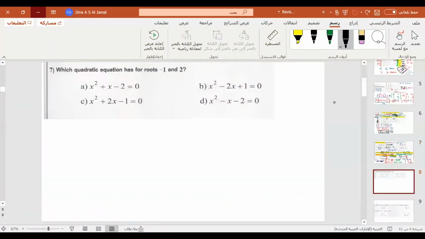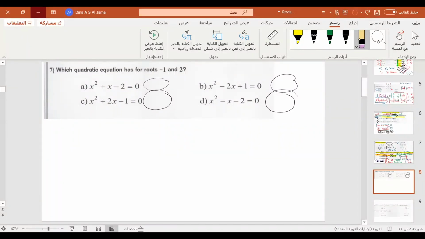Now let's go to the other question. Now the other question is asking you which quadratic equation has for the roots minus 1 and 2. So you have two options. Whether you go to each of them, A, B, C, D, and you use your calculator to factor and see what are the factors of each, then choose.